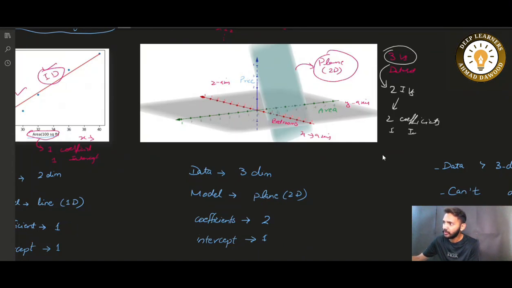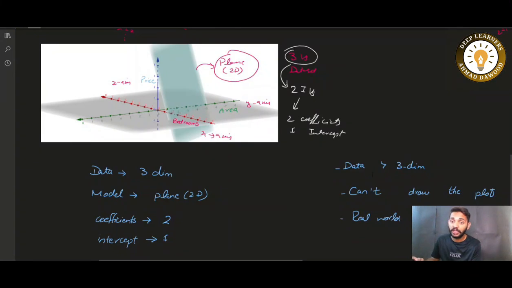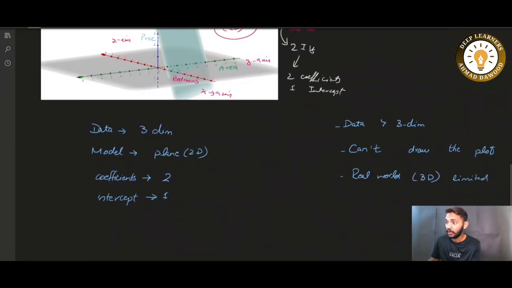The intercept always remains one, and when we go to the neural network part, the intercept will remain one. Usually the number of coefficients increases as our independent variables grow. If our data has more than three variables or dimensions, then we cannot draw the plot.